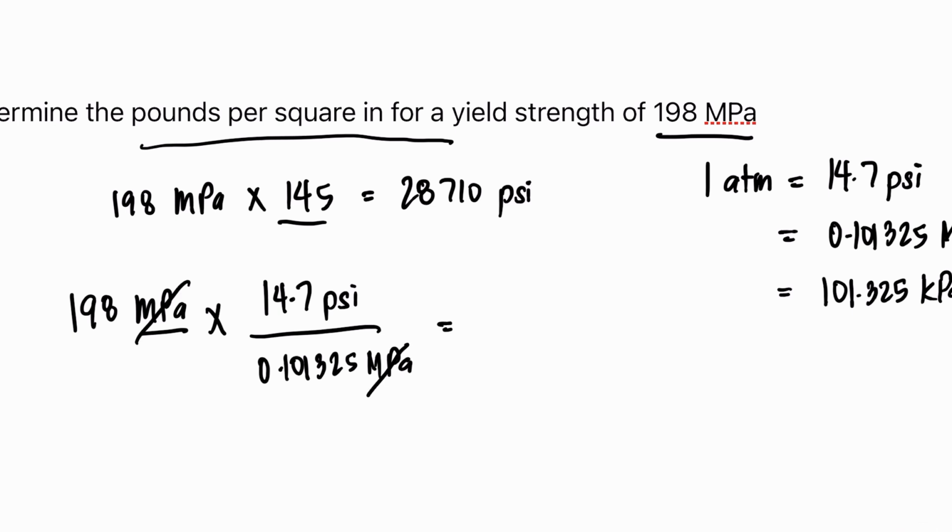So 198 times 14.7 over 0.101325. That will give you almost the same result as the first one, which is 28,725 psi. That will give you a close enough answer in the examination if you don't want to memorize the charts that I have shown earlier.